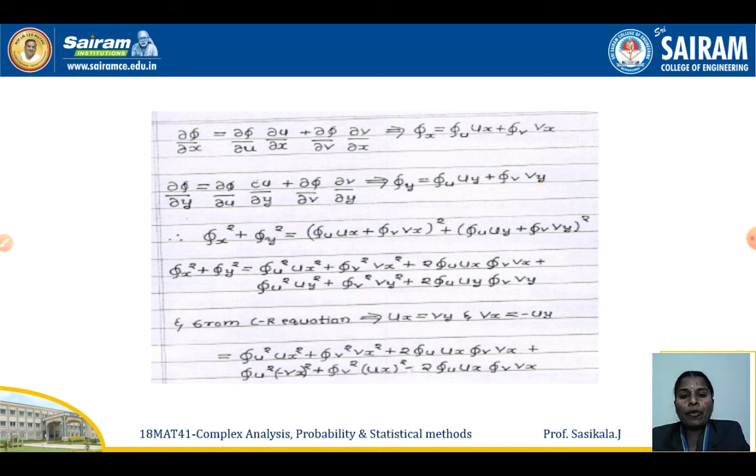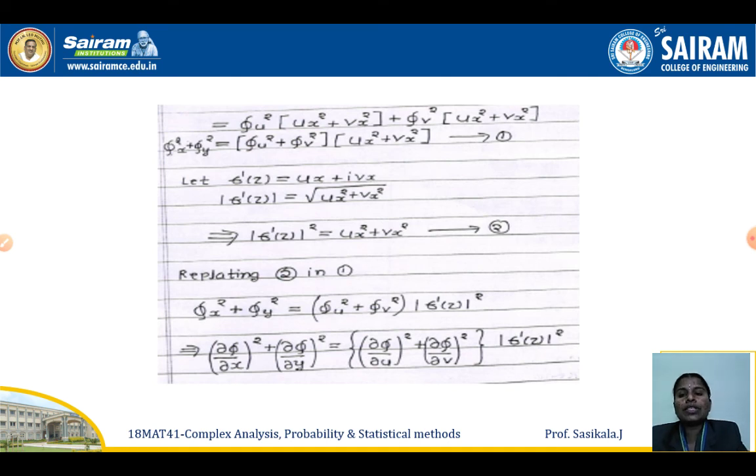So now I'm going to square and add these two equations. I'll get phi u ux plus phi v vx the whole square plus phi u uy plus phi v vy the whole square. Then apply the a plus b the whole square format and replace using your CR equations, and I am able to get an equation as 5u squared of ux squared plus vx squared plus 5v squared of ux squared plus vx squared.